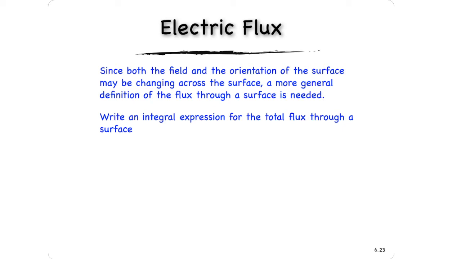Now it may be the case that at different points along a surface, the electric field has different strengths. So we can't really just say there's one electric field that we multiply by the entire area. We might have to break our area up into little pieces and calculate the flux through each piece. And when we do that, that's integration. Okay, so we can write this more generally as the flux is the integral of the electric field at a point times the area vector around that point.